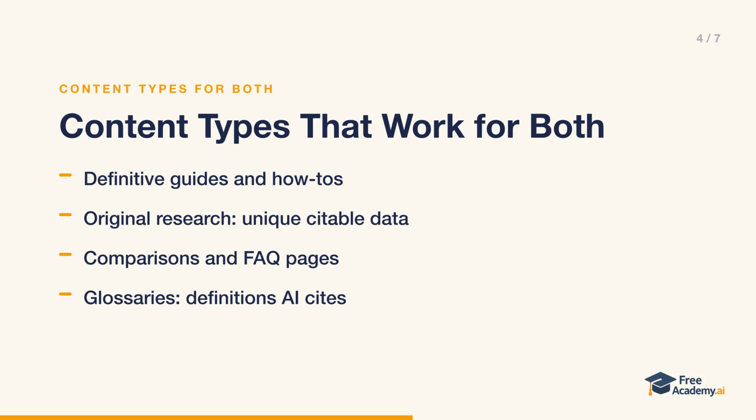FAQ pages target question keywords and directly answer the common questions people ask AI assistants. And glossaries rank for definition queries while providing the clear definitions AI systems love to cite. Notice the pattern here. Every one of these formats pairs comprehensive coverage with extractable, specific answers. That's the dual-purpose sweet spot.